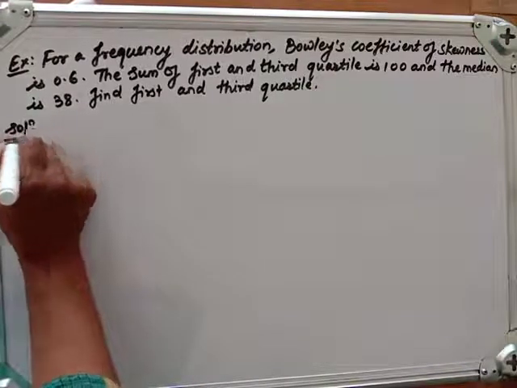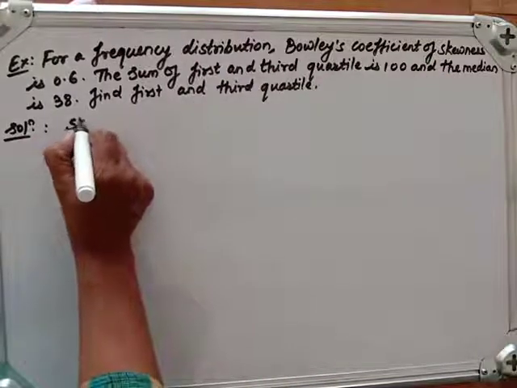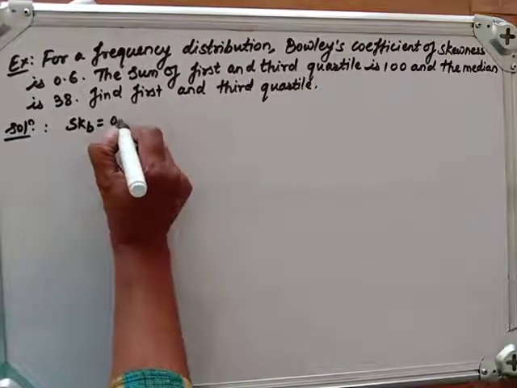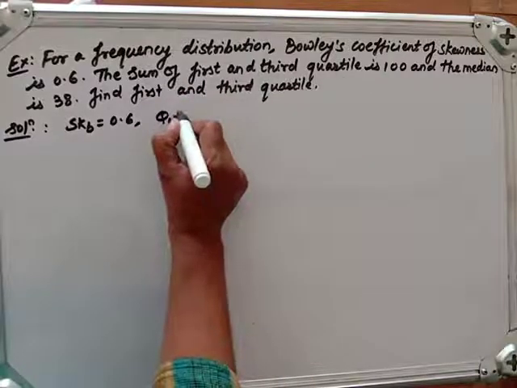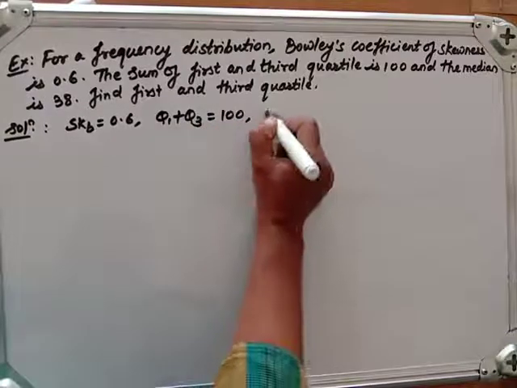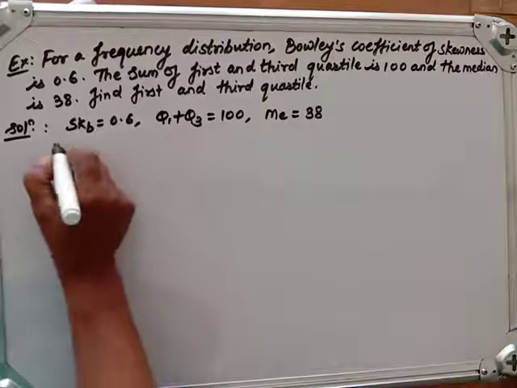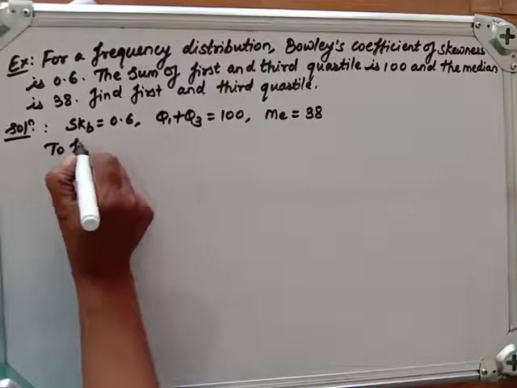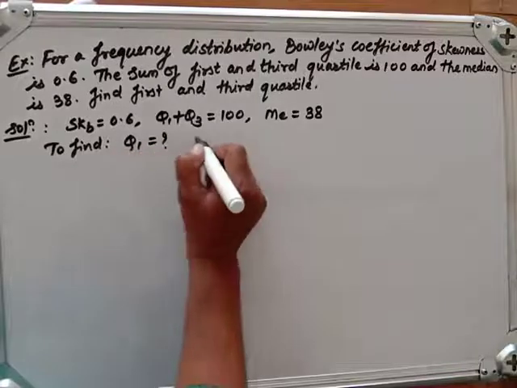What is with us? Bowley's coefficient of skewness, SKB, is 0.6. Sum of first and third quartile, Q1 plus Q3, is 100. And the median is 38. We have to find the values of Q1 and Q3.